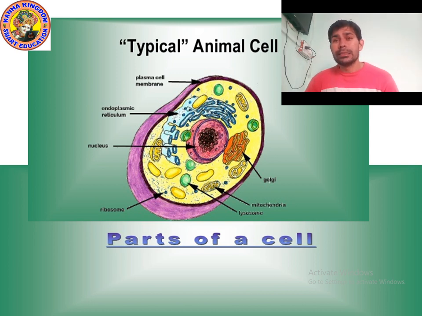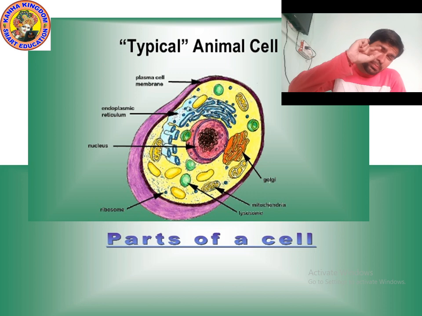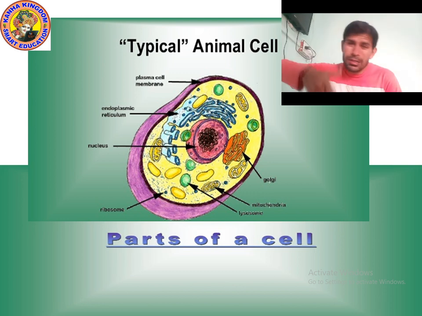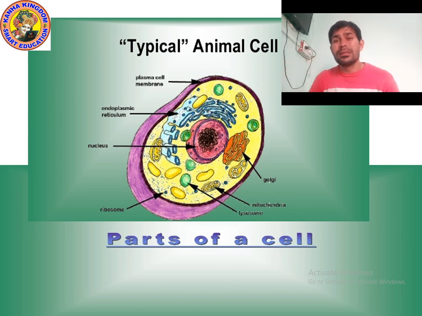He observed a thin slice of cork and saw the cells of the thin slice of cork. Cork means what? Cork is the bark of a tree.